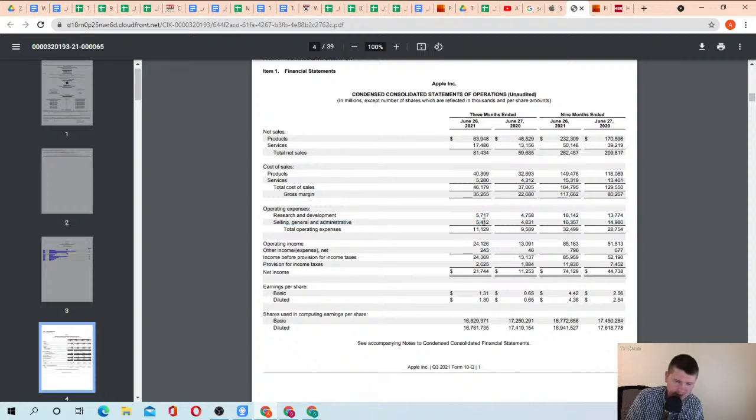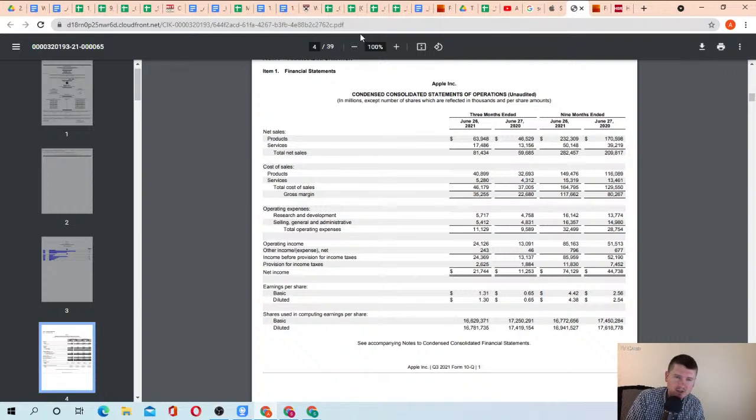We have sales and administrative here. We got the calculation of operating income and other income expense net. So income before income tax, net income, and earnings per share. Basically, every income statement as well as a balance sheet will have more or less the same structure.